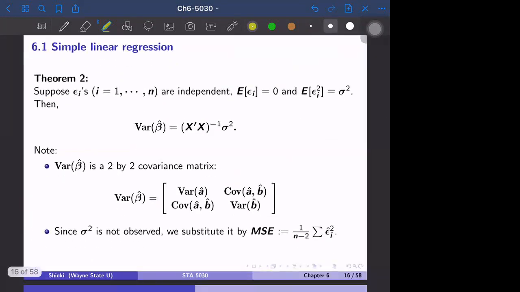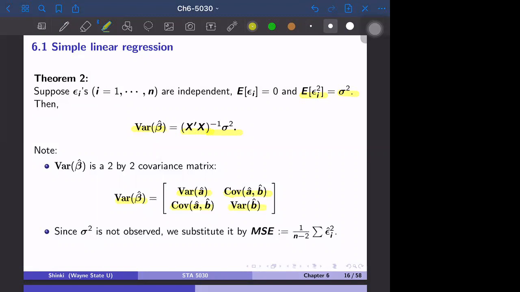And to be exact, what's the variance of beta hat? So this theorem gives the formula. The variance of beta hat is (X transpose X) inverse sigma square. So here sigma square is the variance of epsilon. So to be exact, the variance of beta hat means this matrix, the so-called variance covariance matrix.